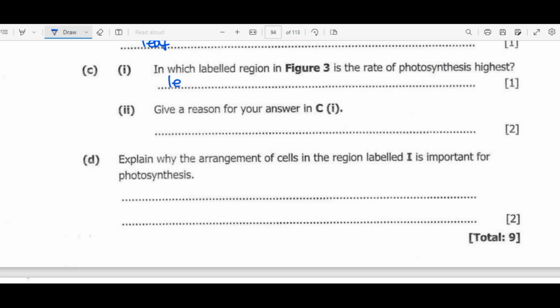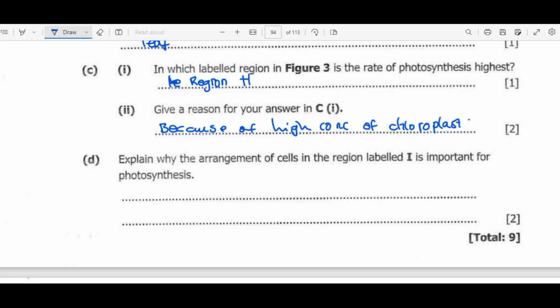So say region H, because of high concentration of chloroplast and the arrangement of cells.